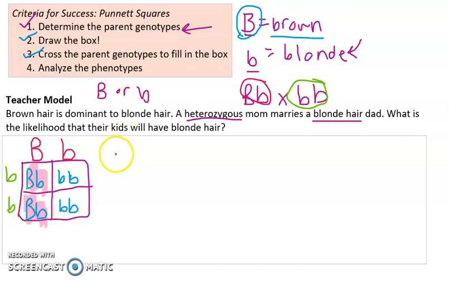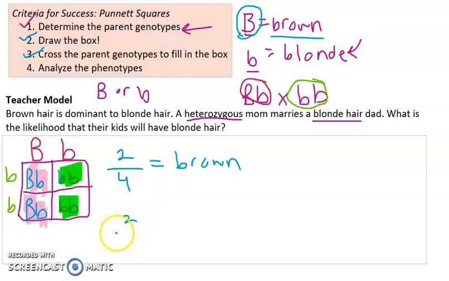So I know that in 2 out of a total of 4 boxes, I am going to have brown hair. And I know also that in 2 out of the 4, I am going to have blonde hair because I have 2 boxes that have homozygous recessive, which means it is blonde.